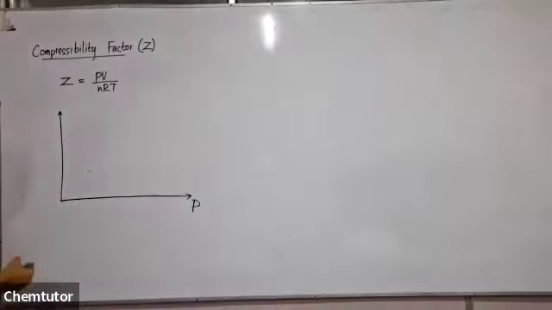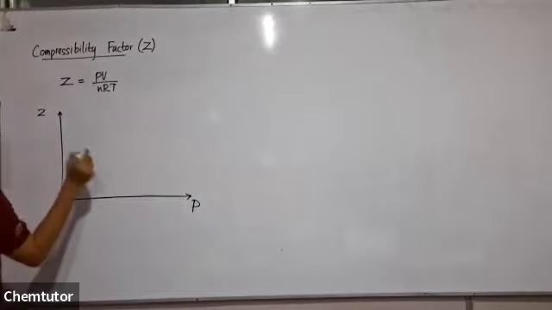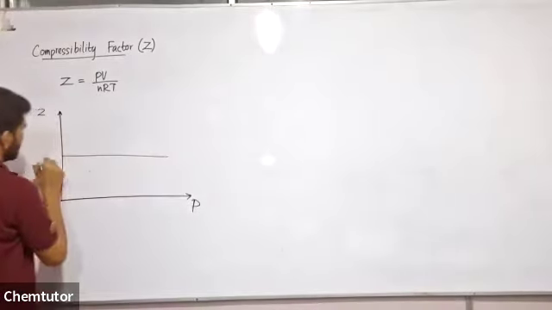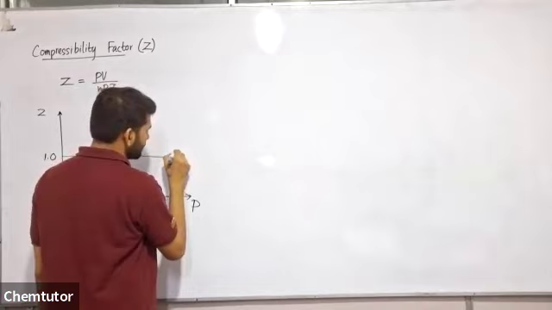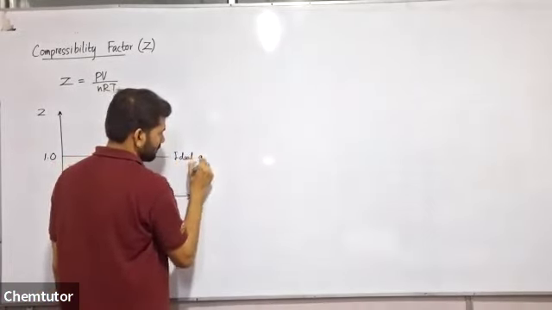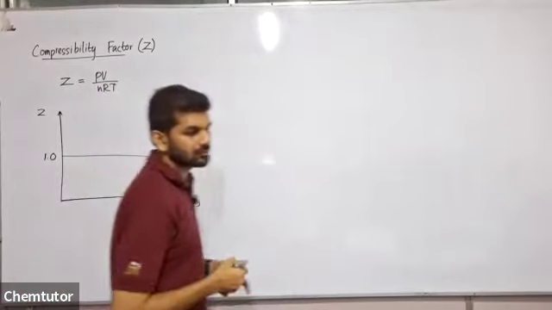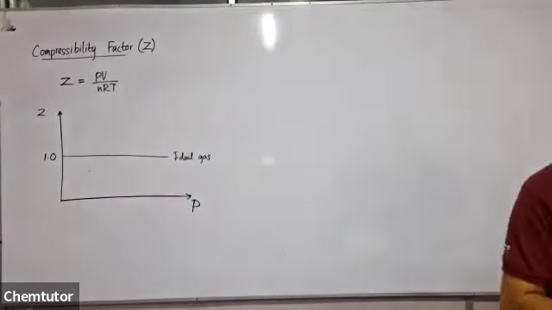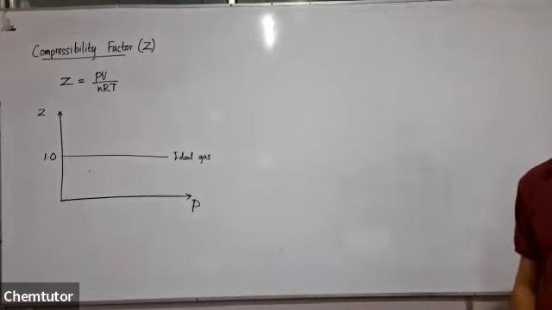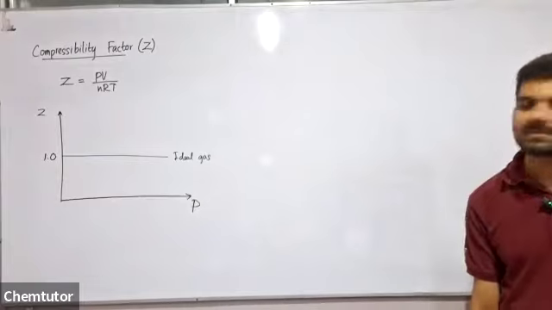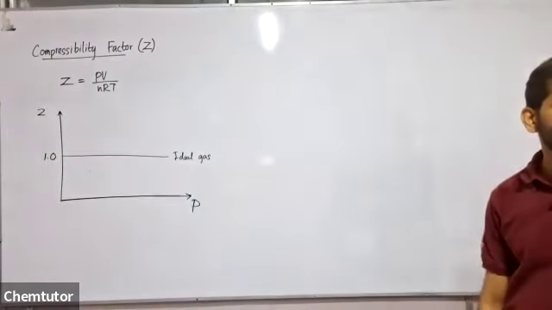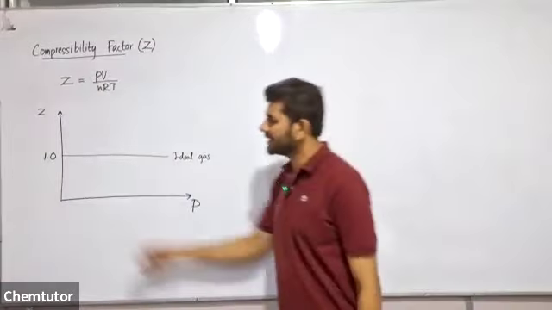Then you can say this can be shown graphically. Once we plot the compressibility factor against the pressure, you can show it like that. For an ideal gas, it does not change. It's a constant at 1.0.